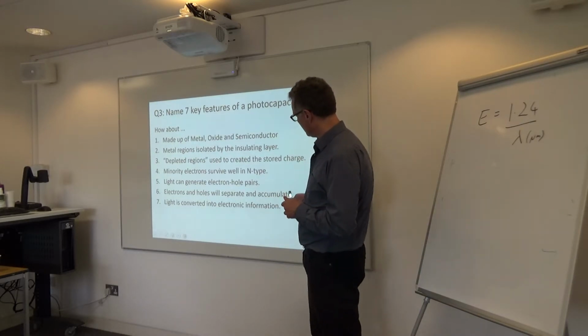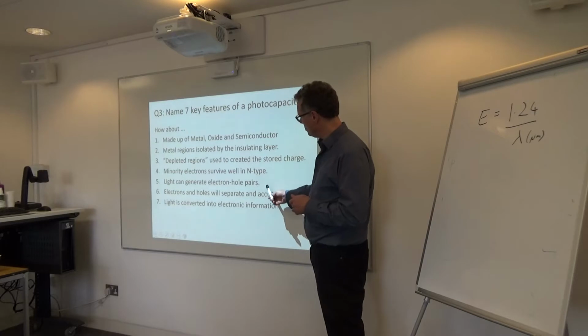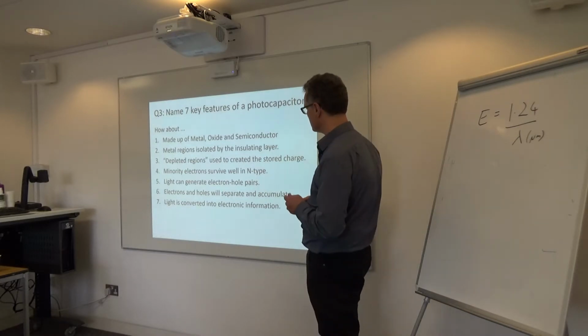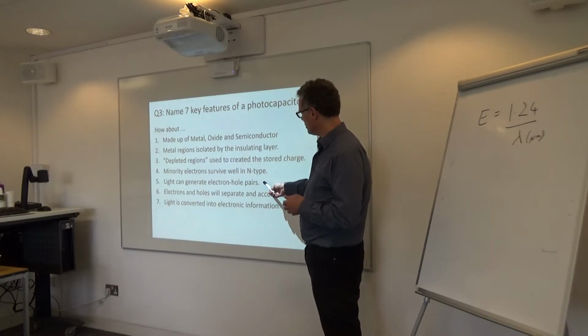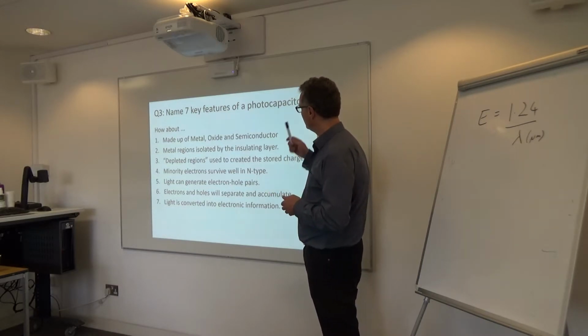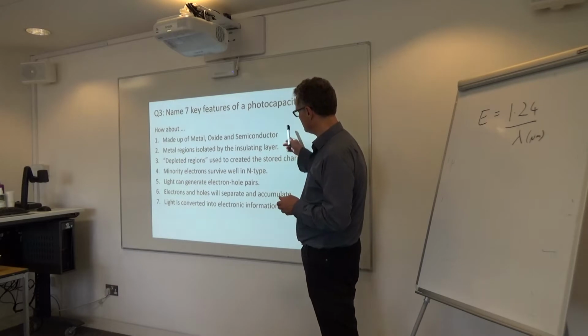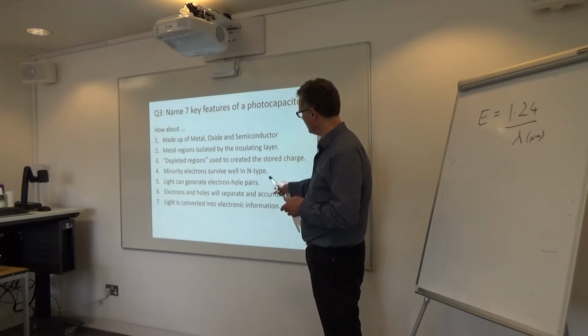And they would probably have in the marking scheme an accumulation of electrons and holes, I would guess. Electron hole pairs, just go for that for any device, write that down.